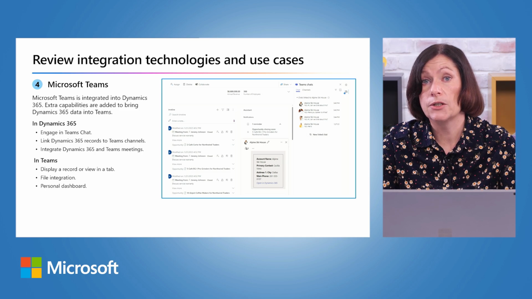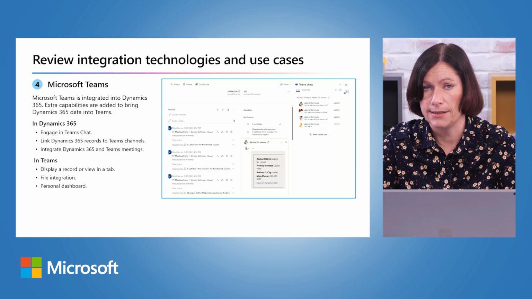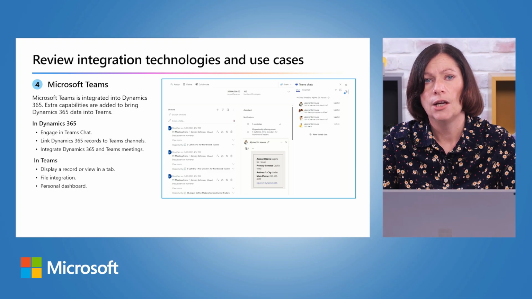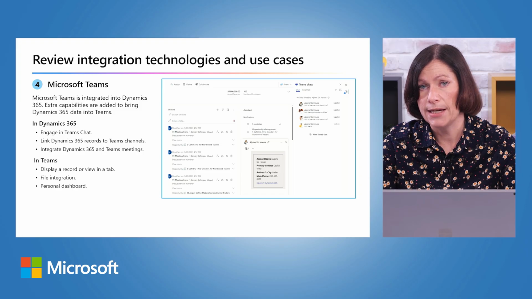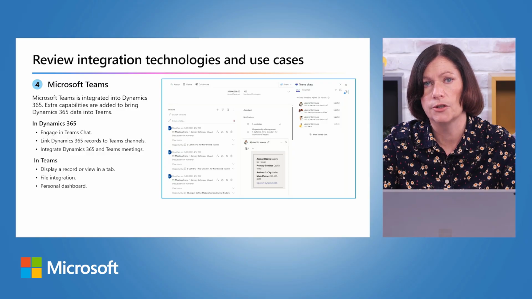You can use the Dynamics 365 app to set up and view your personal dashboard in Teams. Finally, with Microsoft Teams meeting integration, you can view and update Dynamics 365 records or capture notes and tasks seamlessly in a Teams meeting. Your notes and tasks automatically sync to Dynamics 365.